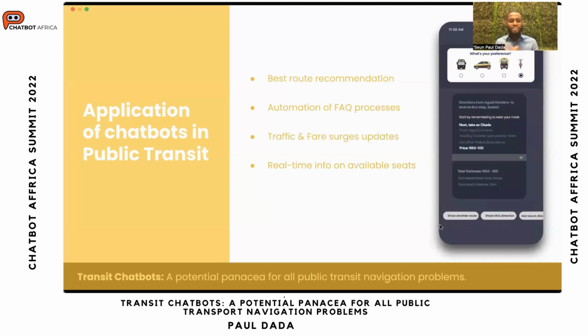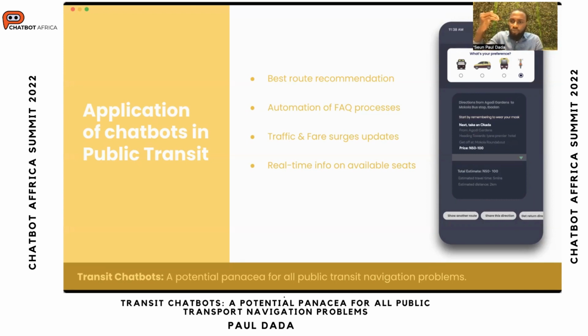Now, the next point here is best route recommendation. This is my favorite. So imagine you are moving from point A to point F, and you have three stop points, three destinations in between. That means you have 5 points. Now, what happens if there are 20 different ways of navigating my way around? What are the different factors?